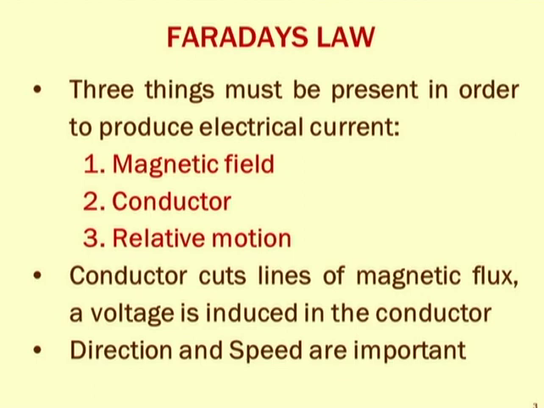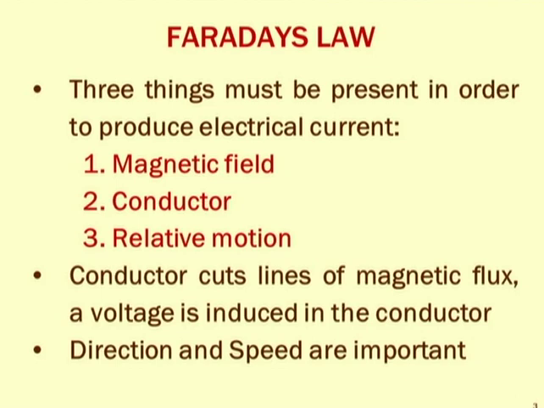Right now we are considering that it is AC, because it is alternating in nature. Now the voltage induced depends on the direction and speed at which your conductor cuts the line of magnetic flux.